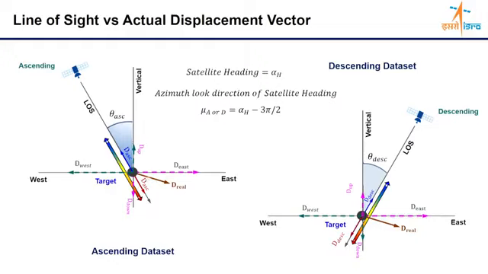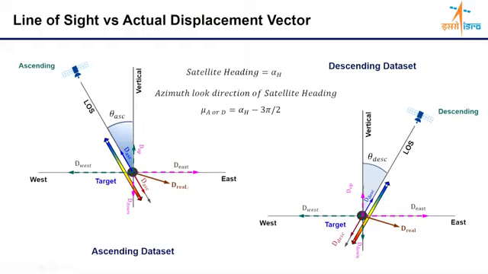If the motion is moving away from the satellite, this is its component, and if it is towards the satellite, then its component is this. By decomposing along these, we can calculate the components of the motion vector along the upward direction or the horizontal direction, and from those components we can calculate the real vector.